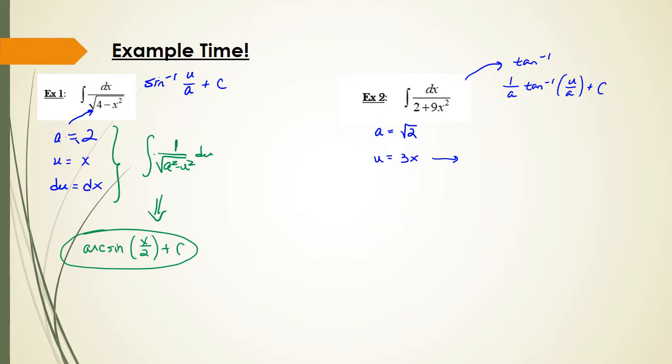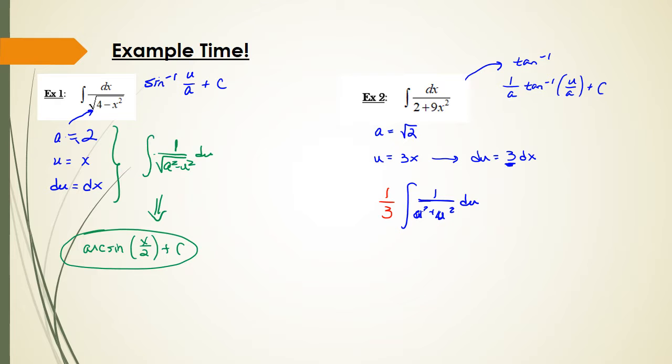It's very interesting to note that the du, though, is 3 dx, which means you're off by 3. As we've seen in the past, that would require you to put a 1/3 on the outside as you begin to set up your integral. Now it takes on the form 1 over a squared plus u squared du.